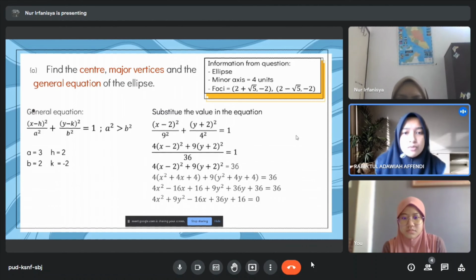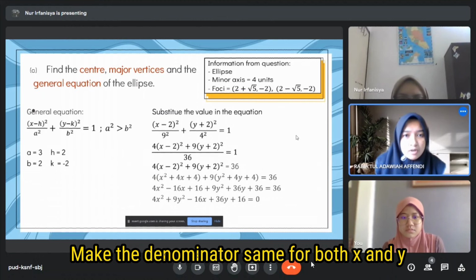First, we have to make the denominator the same for both x and y. To get the same denominator, the (x minus 2) squared over 9 has to be multiplied by 4, and (y plus 2) squared over 4 is multiplied by 9.